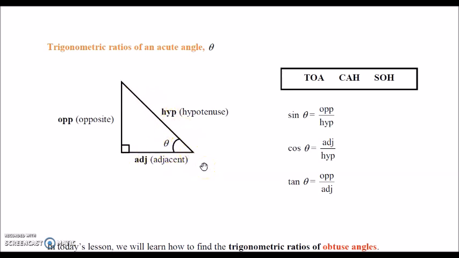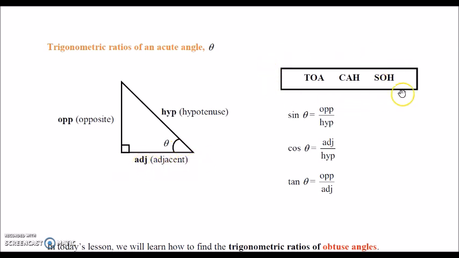So with respect to angle theta, the side which is opposite to this angle, we'll call it opposite, in short OPP. The side that is opposite to my 90 degrees will be called my hypotenuse. And the side that has my 90 degree right angle and my theta of reference, my angle of reference, is called the adjacent.